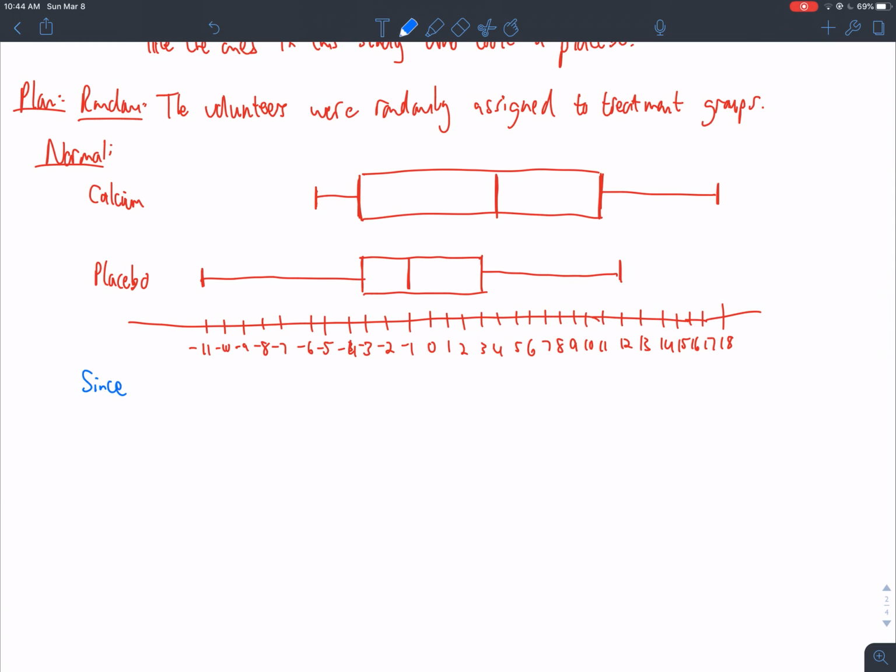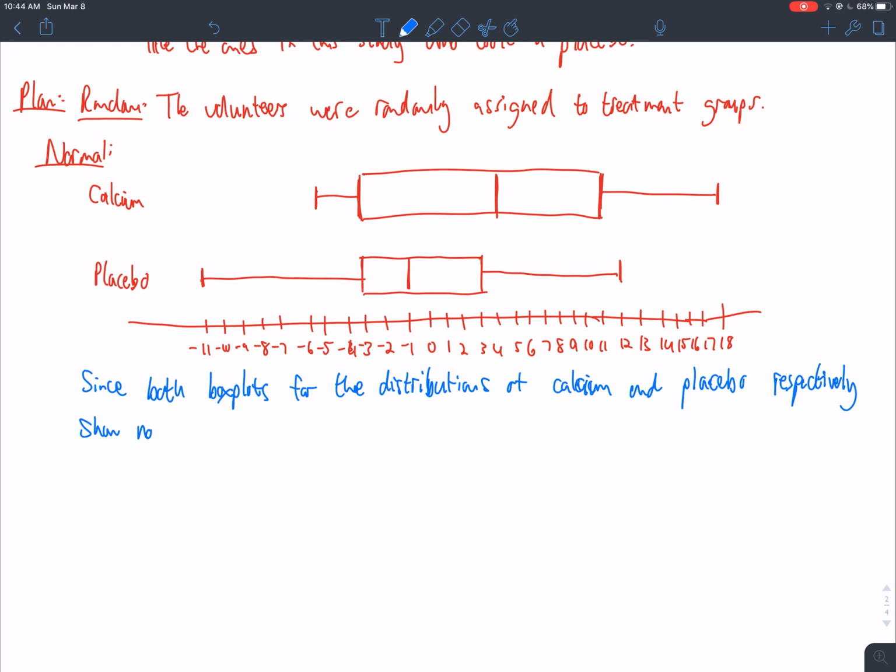I think I'll just write: since both box plots for the distributions of calcium and placebo respectively show no outliers or strong skewness, okay, you could argue that there's not much skewness going on here, we will assume that the normal condition is met.